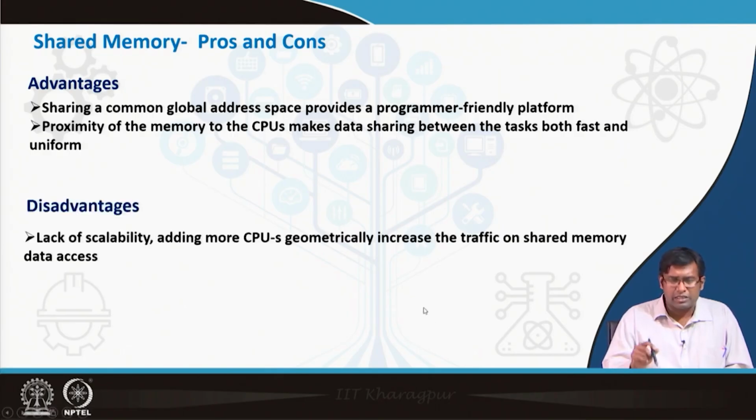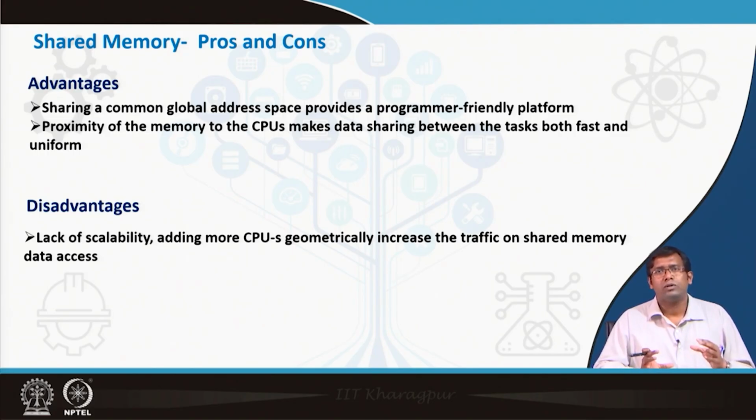One of the important points is that programming-wise it is easier to handle shared memory, and also the communication overheads are less because the data sharing between the processors is fast and uniform. The disadvantage is lack of scalability. If we keep on adding more CPUs in the system, it is the same memory which all the CPUs are accessing.